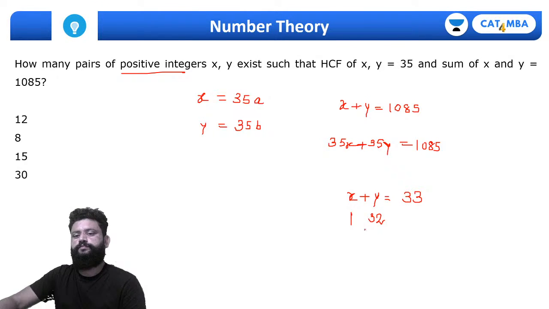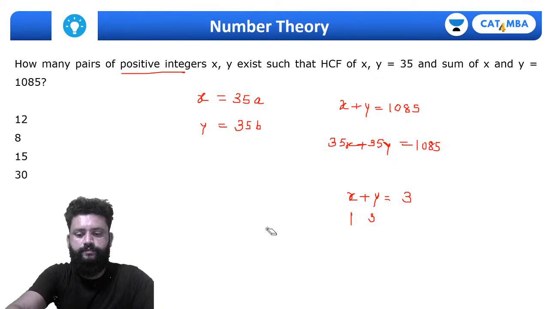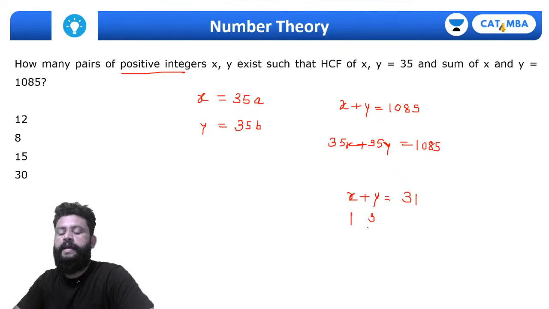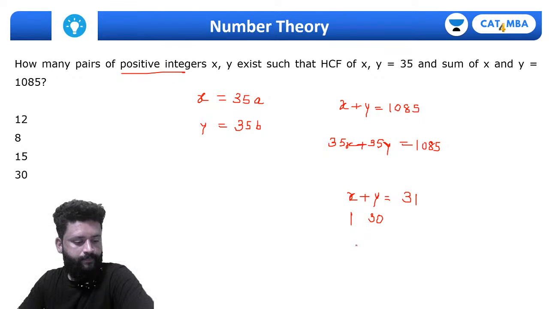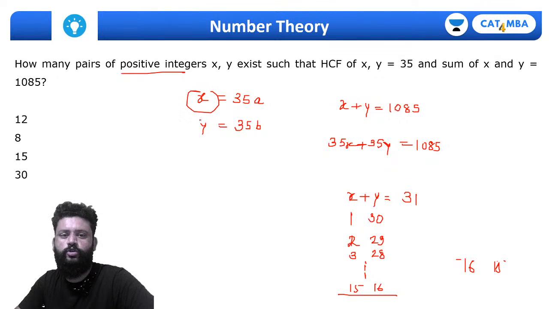Sorry, my mistake, it is not 33, it should be 31. Shilpa, why 12? There will be more than 12 possible: 2 and 29, 3 and 28 and so on. अगर मैं जाता हूं तो हमें मिलेगा 15 and 16. इसके बाद मत जाओ, 16 15 करोगे, this will repeat. हमें यहाँ पे sequence में नहीं बनाना है, हमें सिर्फ दो numbers हैं guys.